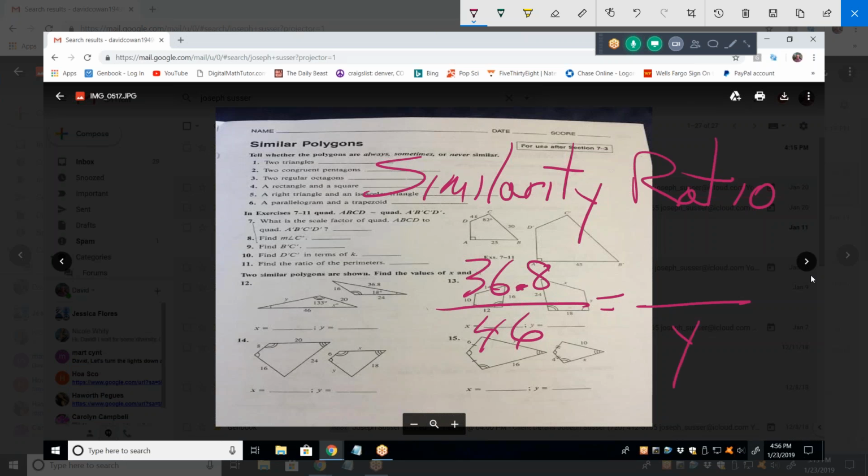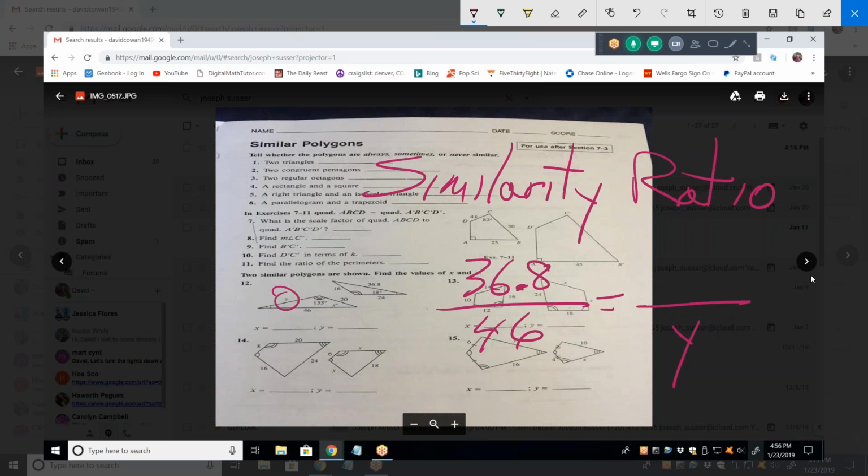Y. Because we're going little to big. Y is the big side. Now, what's the little side? 16 or 20. It's 24. No, hold on. Yeah.